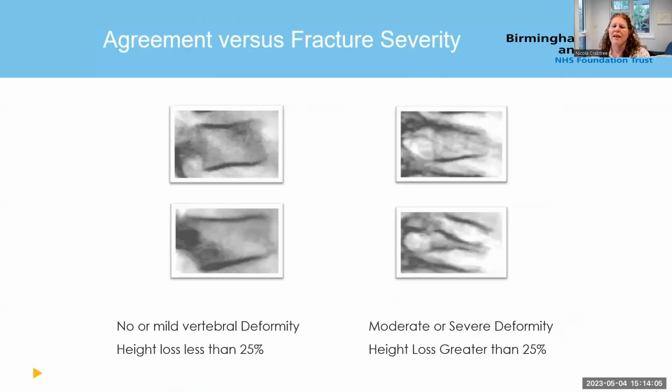If we then separate these into 2 categories, those with either no deformity or less than 25% height loss, so a mild deformity, versus those with a moderate and severe deformity, so greater than 25%, we can see that the agreement improves significantly.